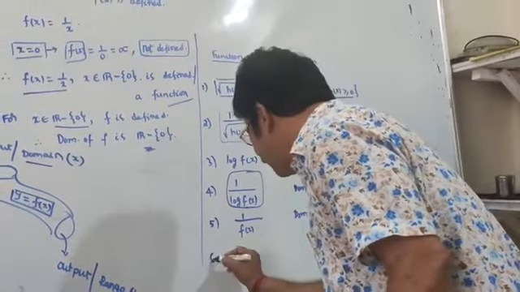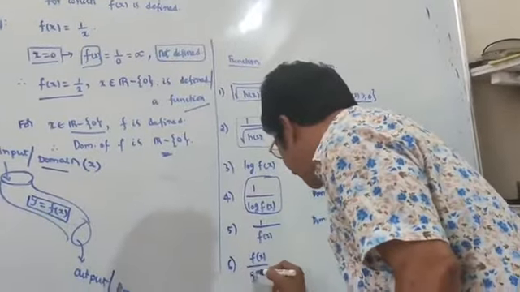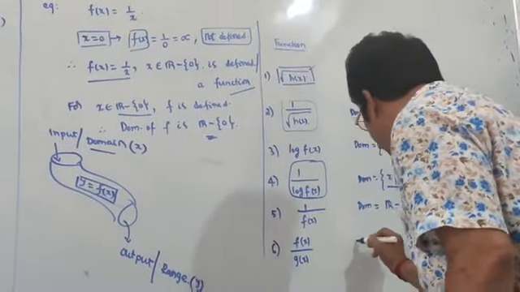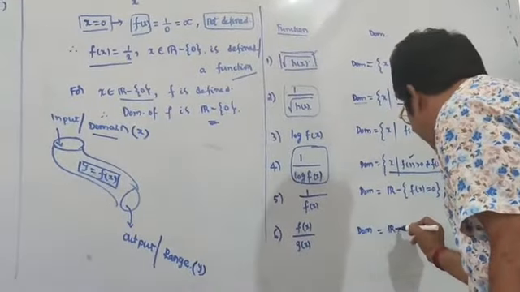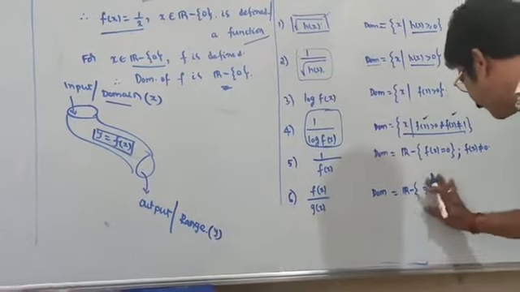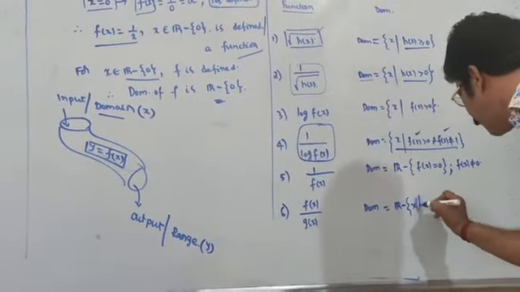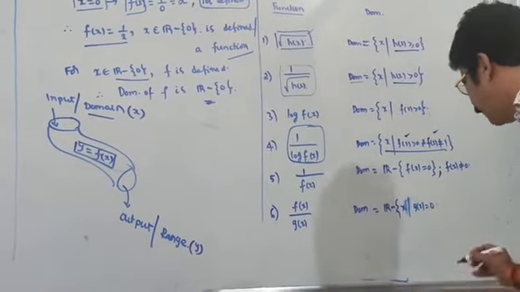Next, number 6: f of x divided by g of x. The domain is equal to capital R, any real number, minus the denominator equal to 0. That means the values of x so that g of x is equal to 0.